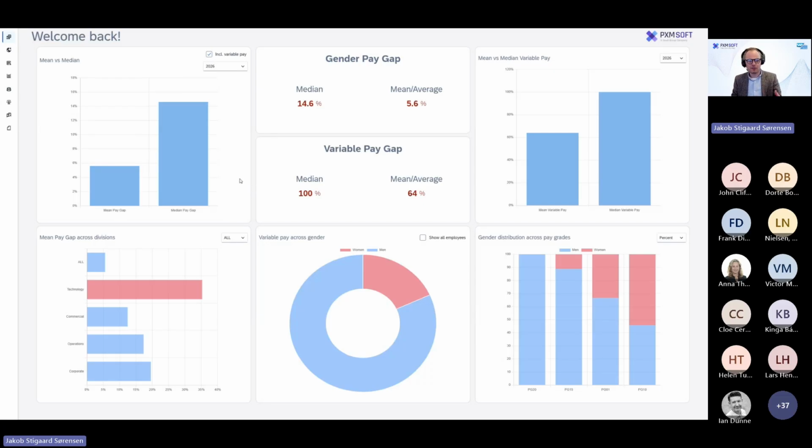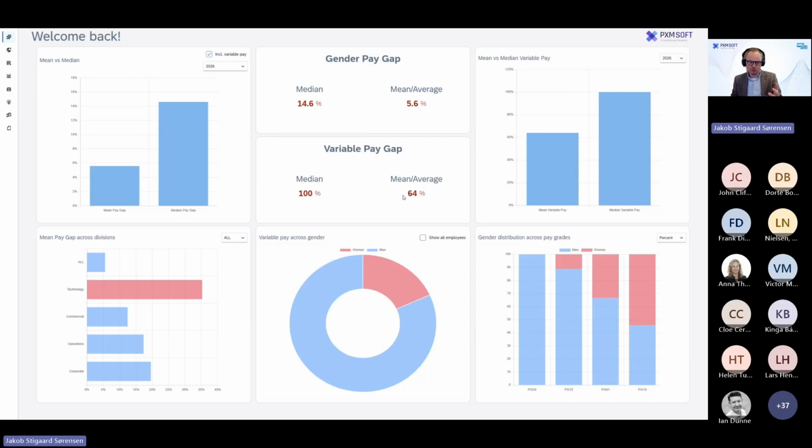So the tool caters for the mean and median scenarios, both when you look at your base pay scenarios, but also looking at it from a variable pay element. Variable pay elements are obviously a critical component also of the legislation as it comes out in June this year. So insights into base pay, insights into the variable pay elements.